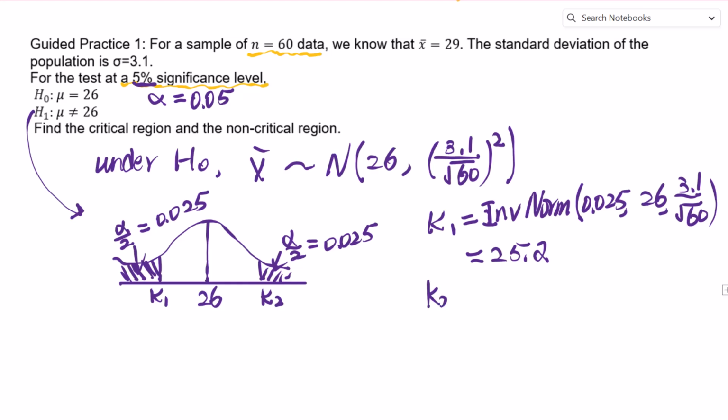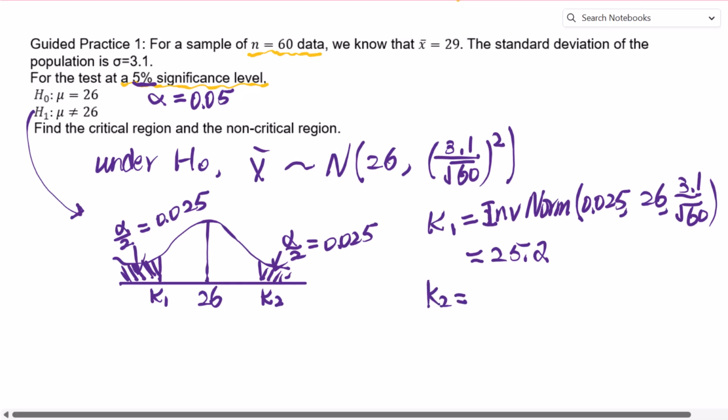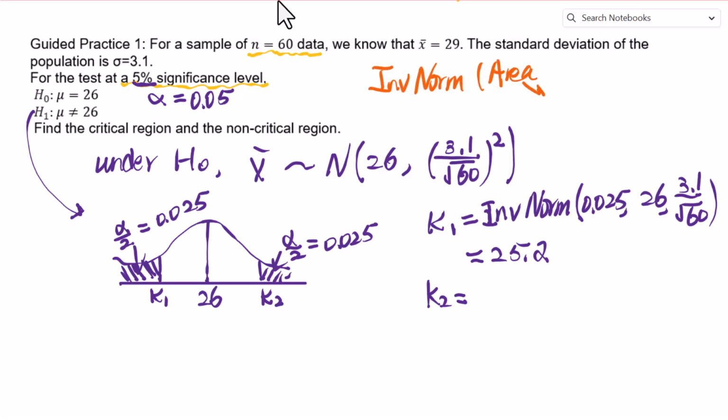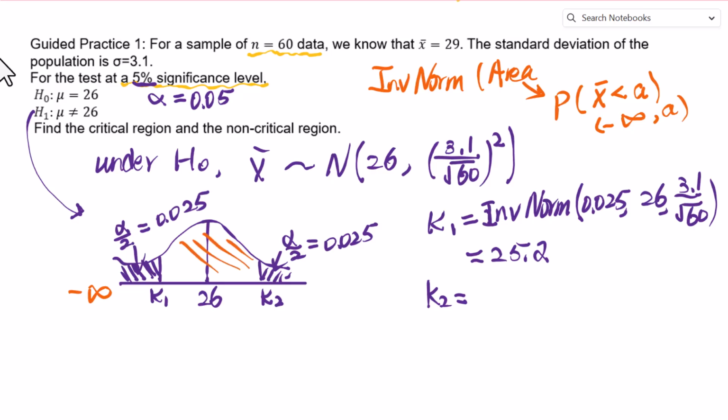For K2, remember the area in the inverse norm is always the probability X bar less than a. In other words, the interval is from negative infinity to this a. For K2, this area equals 1 minus 0.025.